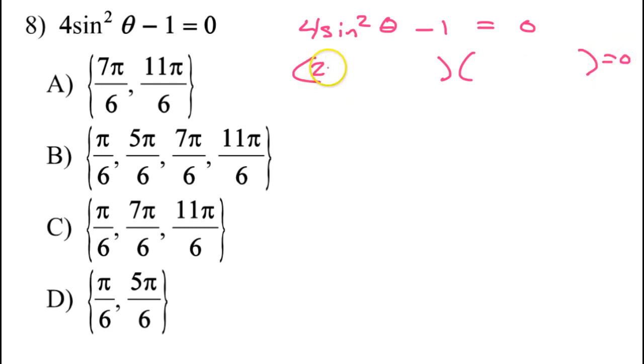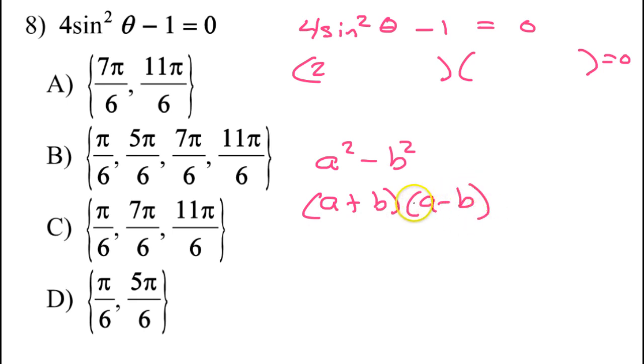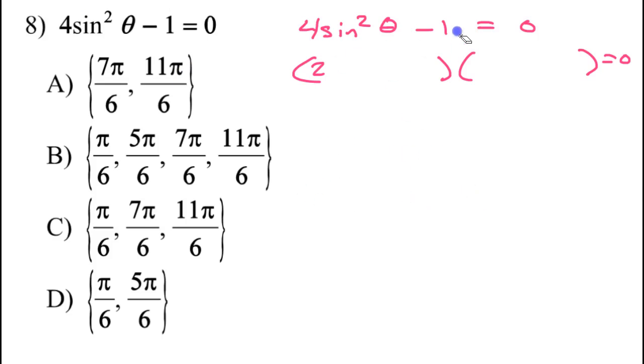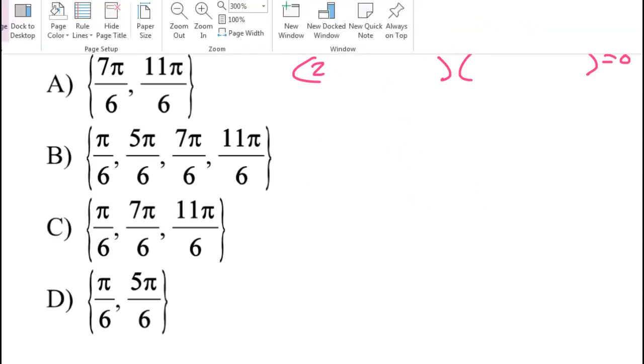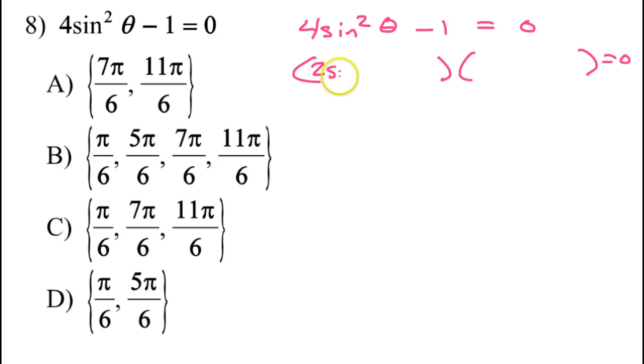You know how when you do a squared minus b squared, the difference of two squares, it factors as a plus b times a minus b? So we're going to do that same thing. That'll be 2 sine theta plus 1 times 2 sine theta minus 1.